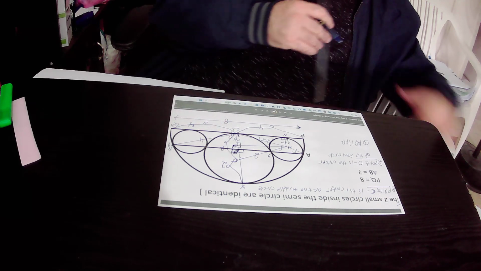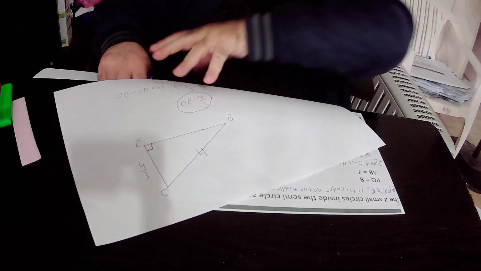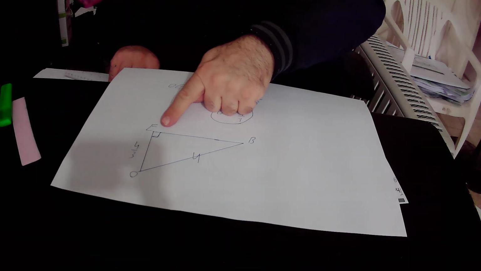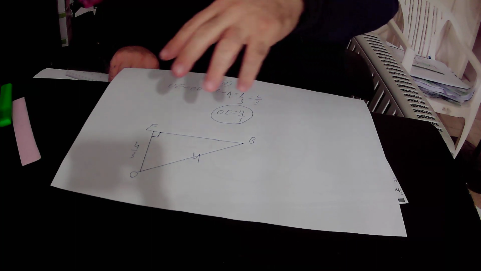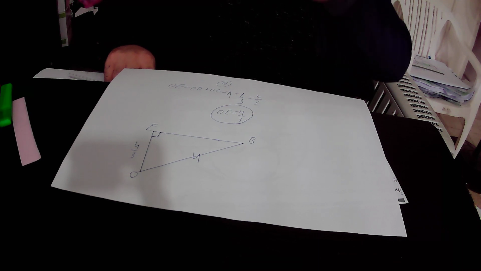That is to say, we actually proved that this angle is a right angle. Therefore, triangle EOB is a right triangle.